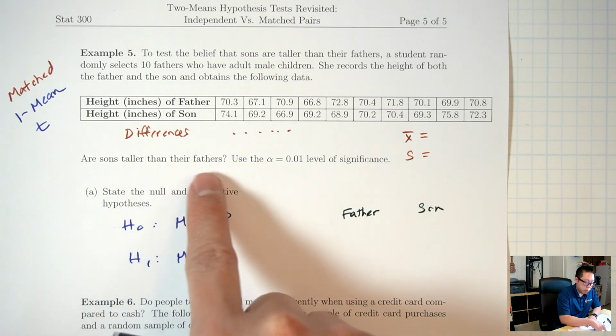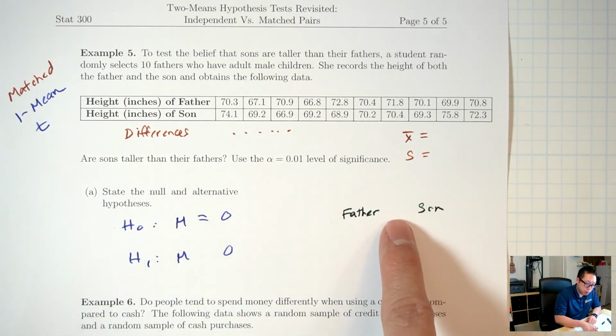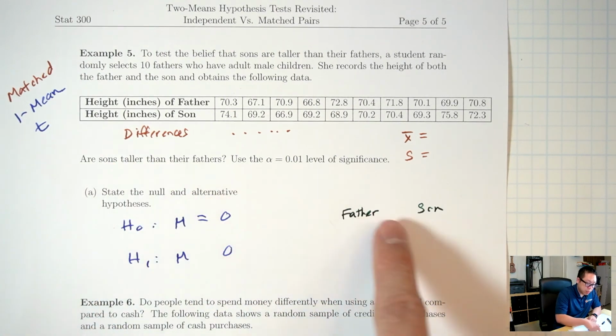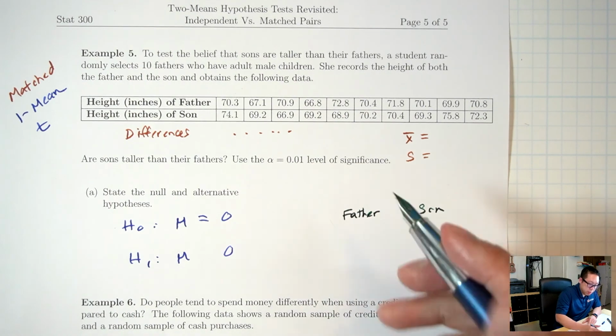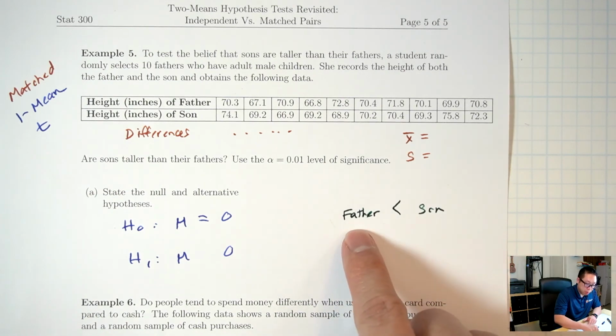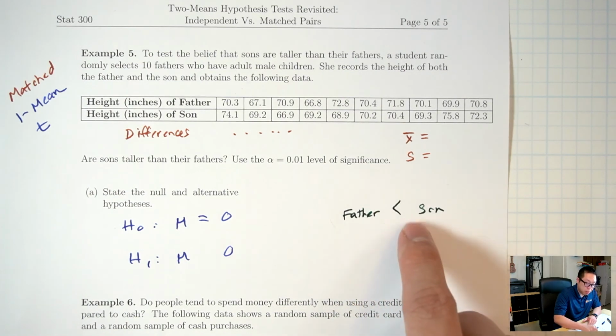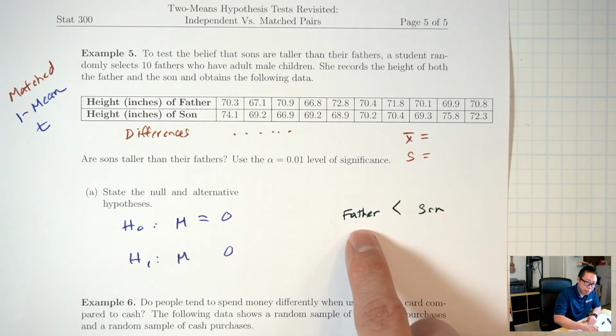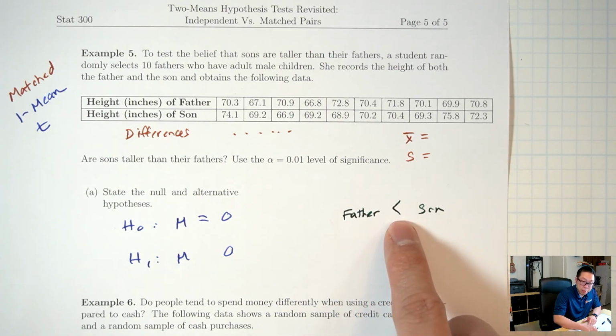Sons taller than their fathers. So what symbol would go in here if the son is taller? Sons being taller than their father would be that symbol. Sons taller than father, or sons being taller than their father, is the same thing as saying that the father is shorter than the son, which is a less than.